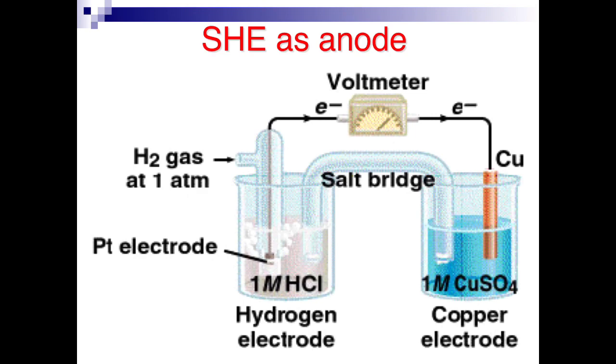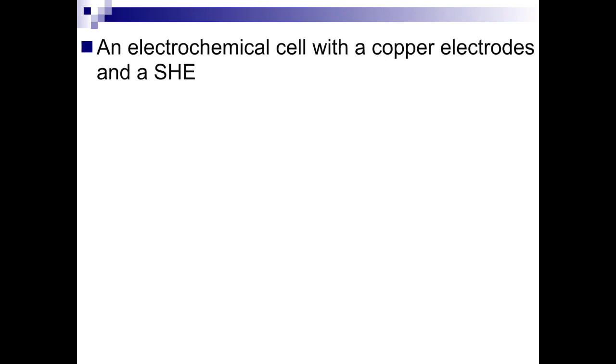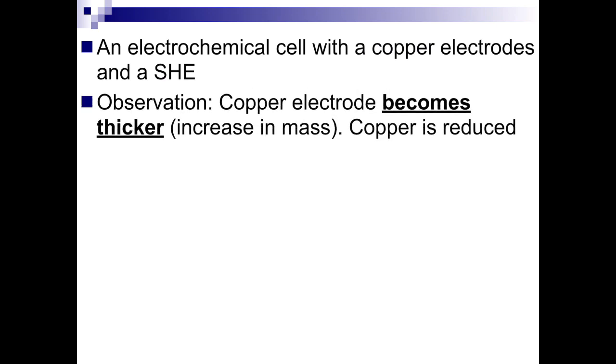In this experiment, SHE is paired up with a copper electrode. In this electrochemical cell with a copper electrode and a SHE, we can know which one is anode and cathode by studying the observation. The copper electrode becomes thicker or increases in mass. This means that copper is reduced.